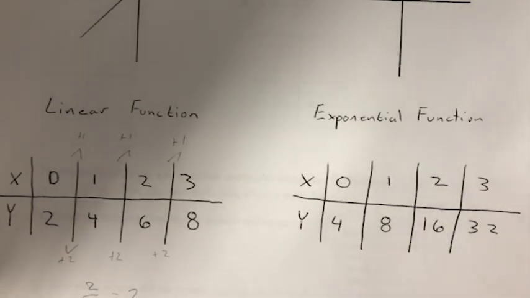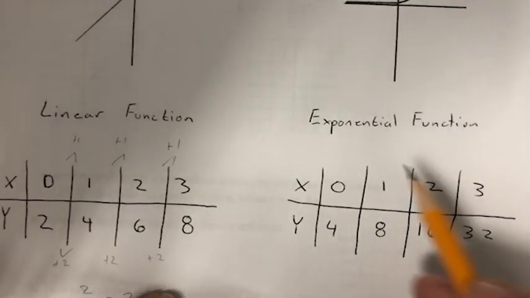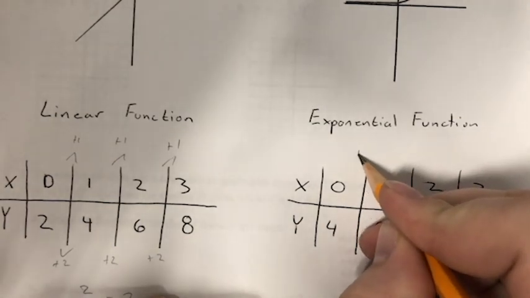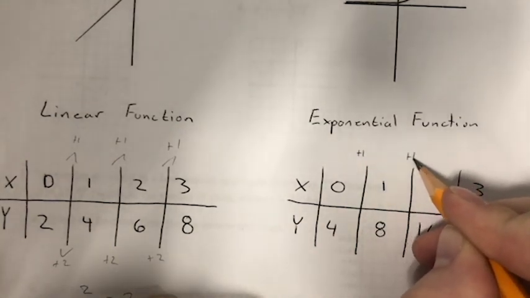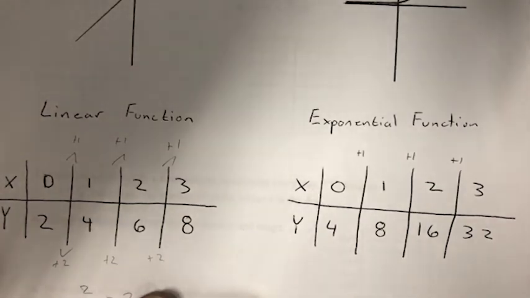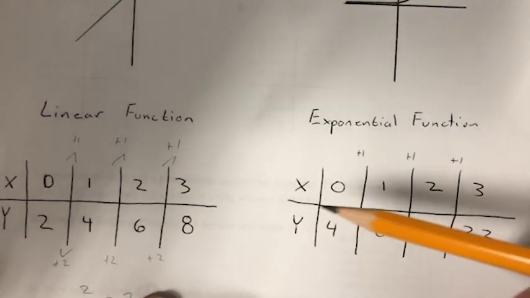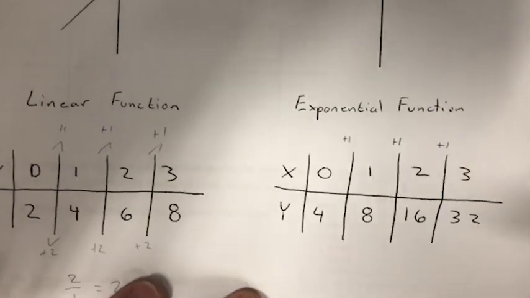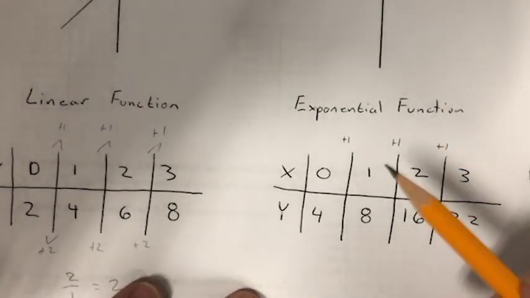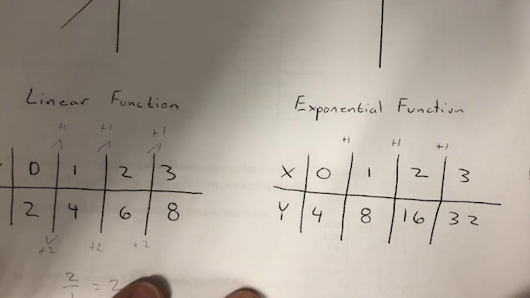However, an exponential function is something different. The x value is a constant change. It could be a plus 1, like in this example I have given to you. However, the other variable is also a change, but it's not an addition or subtraction change, it's a multiplication.